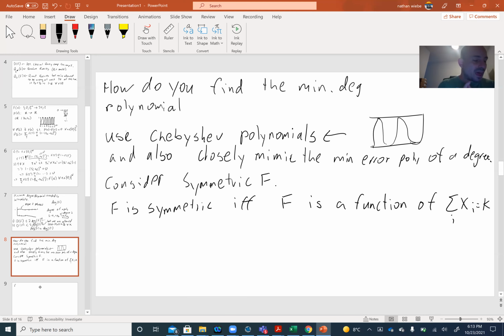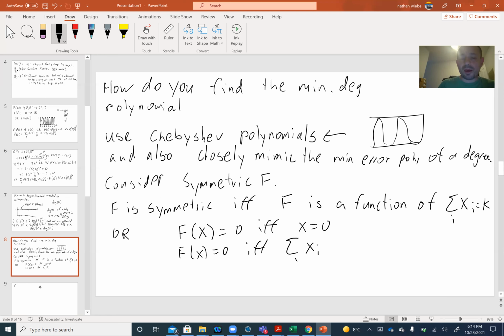Okay, so that is basically the whole idea. An example of this is that OR is a symmetric function. The reason why is that for the OR function, f of x is equal to 0 if and only if x equals 0. Another way we can write this is that f of x equals 0 if and only if the sum over i of x_i equals 0.